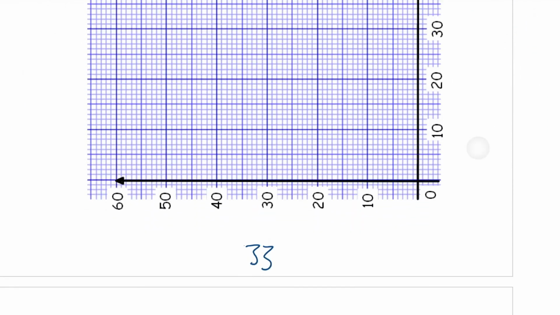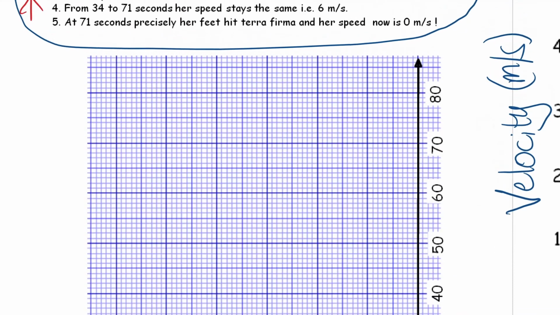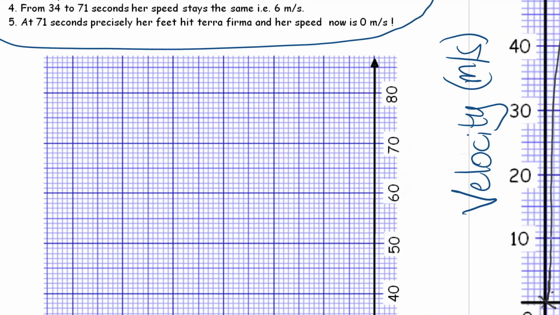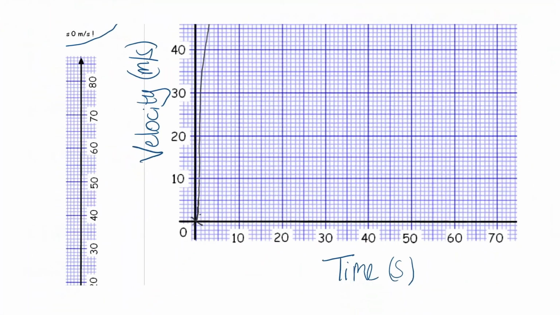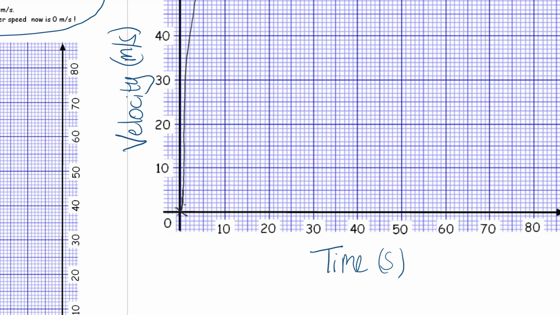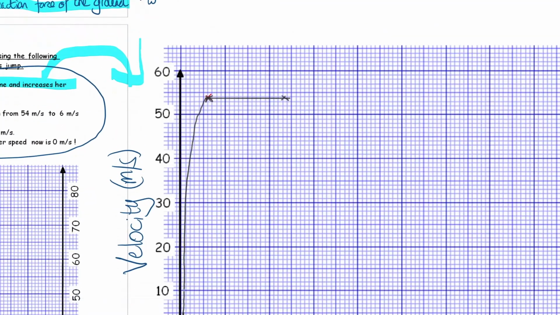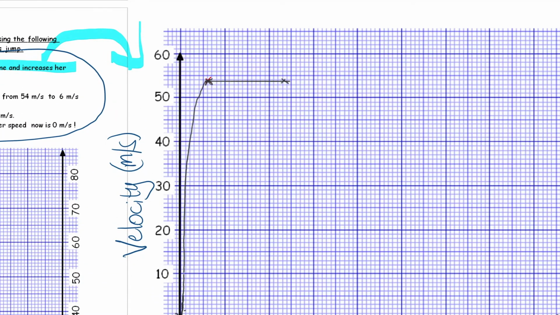You plot that on the graph underneath. The scale has kindly been added in by Mr. Ruddy for you. You need to label the axes, of course, and I've just made a start by drawing in the first part of the journey up to 6 seconds.